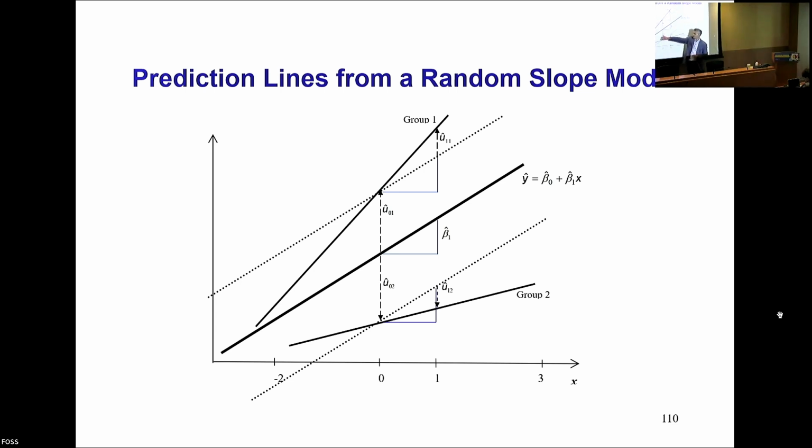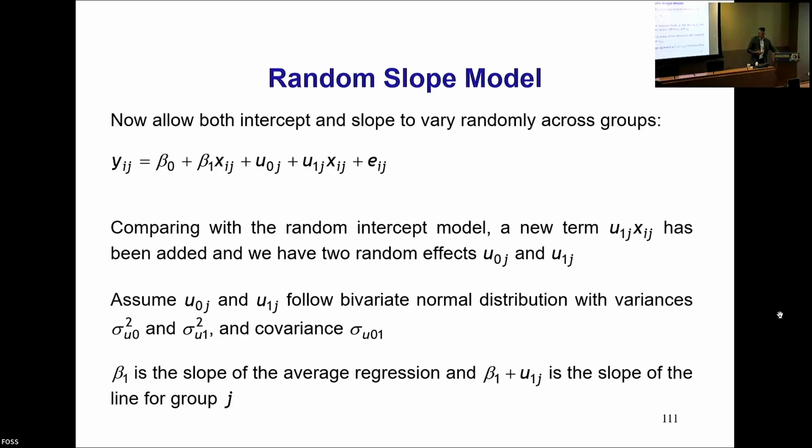But if the correlation between the group level residual and the group level slopes is negative, then the lines will be fanning in. So a positive value of this will be correlated with a negative value of this, and the line will be heading down this way. So this correlation between the intercept residuals and the slope residuals is another complication of this model.